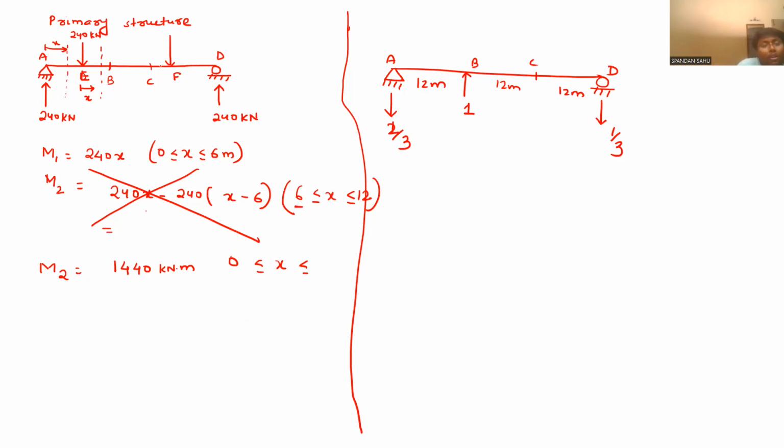This 1440 is constant till point F, but when you draw the bending moment for this, it is minus 2/3 into x, up to 6, and minus 1/3 into x. Negative will come.